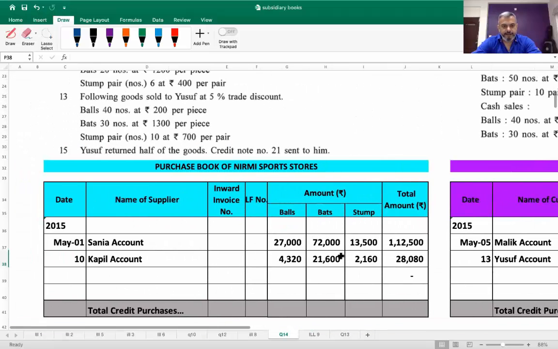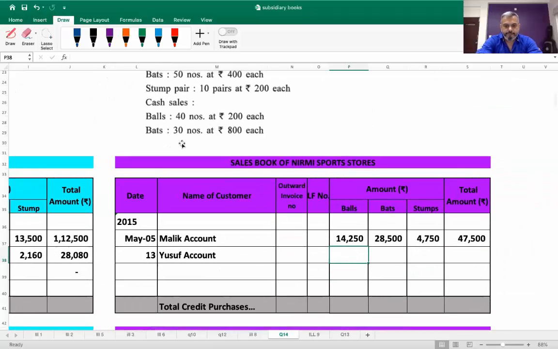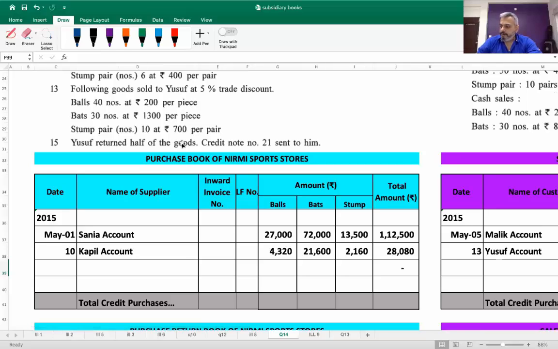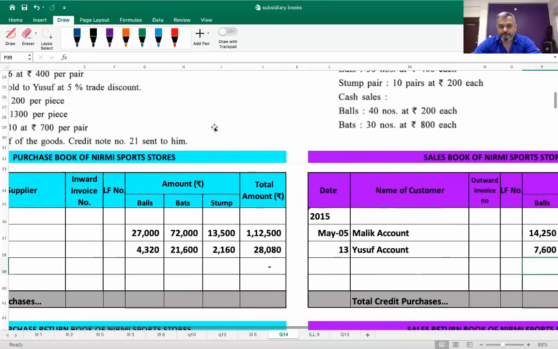Now we are selling balls 40 at the rate 200, so 8,000 minus 5% trade discount, so 7,600. Then bats 30 into 1,300 minus 5% trade discount, 37050.